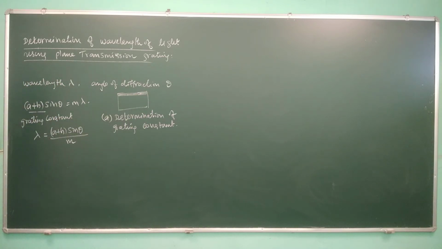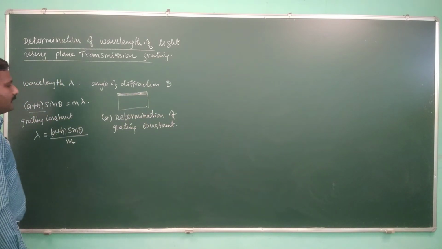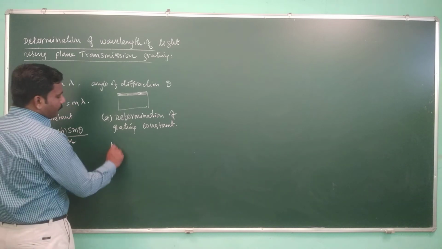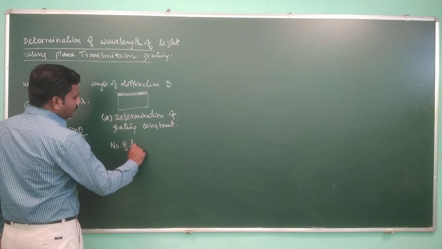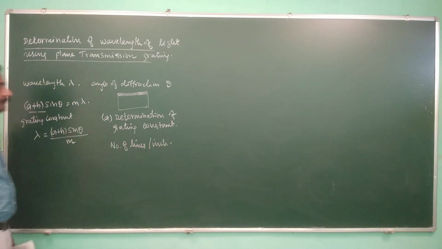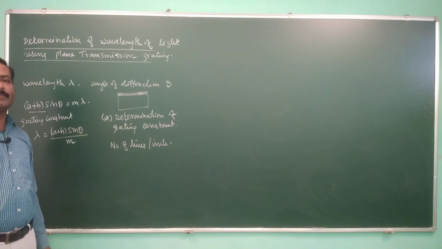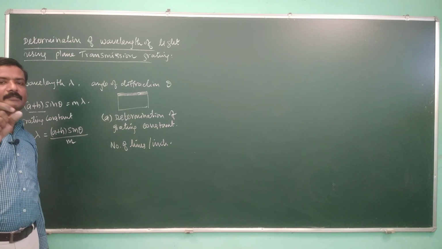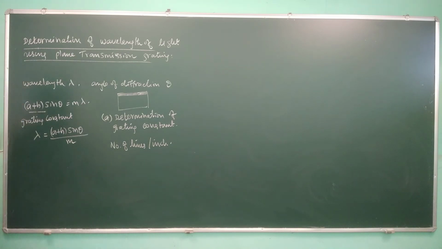What is given is the number of lines per inch. And what is the grating constant? Grating constant is the summation of the width of the transparent space and opaque space, that is a plus b.